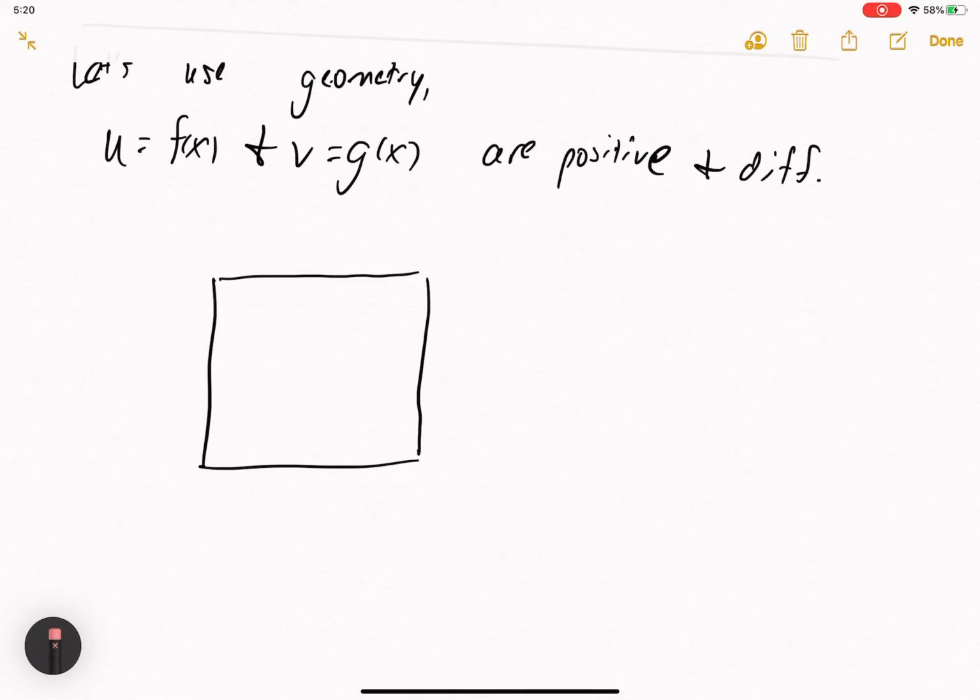Actually, let me keep it consistent with my notes. I tend to make mistakes if I don't. So let's say this is u and this is v. So this rectangle will have area u times v. So the area is equal to u times v.